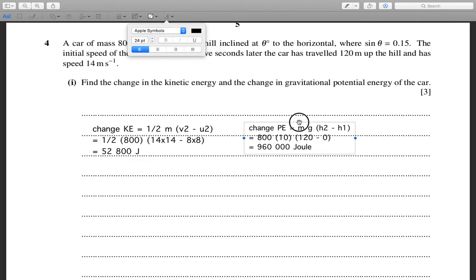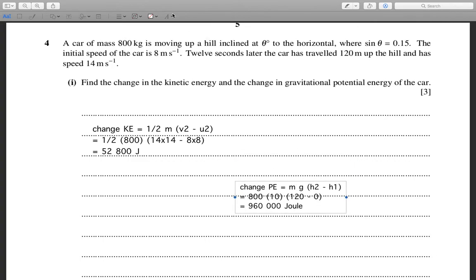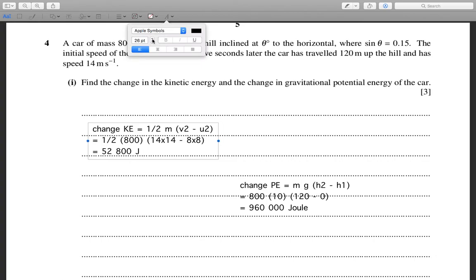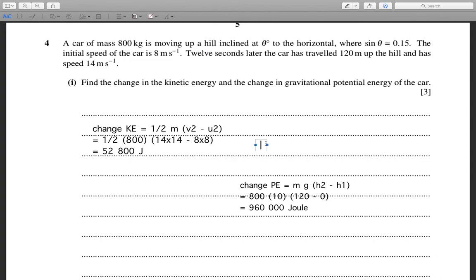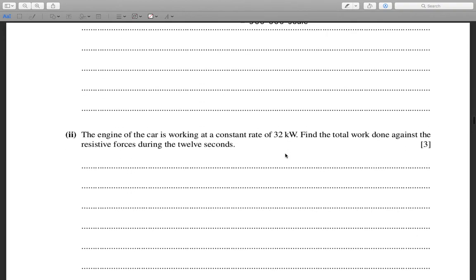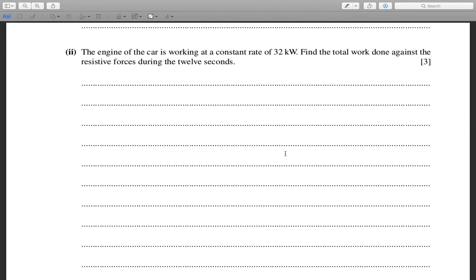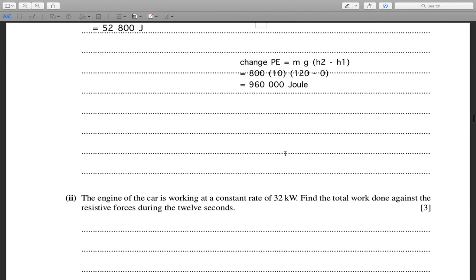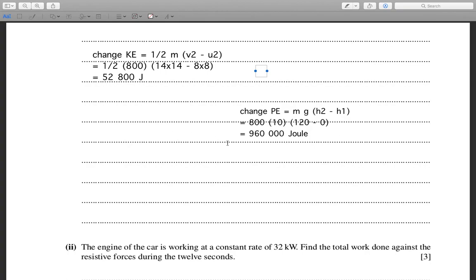So what is next? We don't know yet. Let's see what we have to do after this. Okay, the engine of the car is working at a constant rate of 32 kilowatt. Find the total work done against the resistive force during the 12 seconds. Okay, we have different things: kinetic and potential energy.